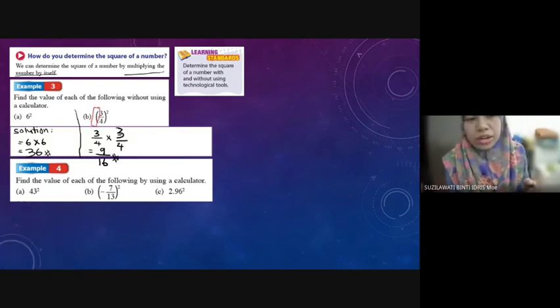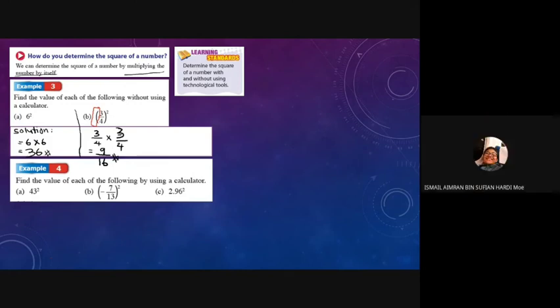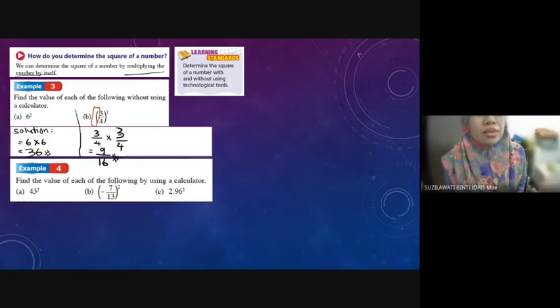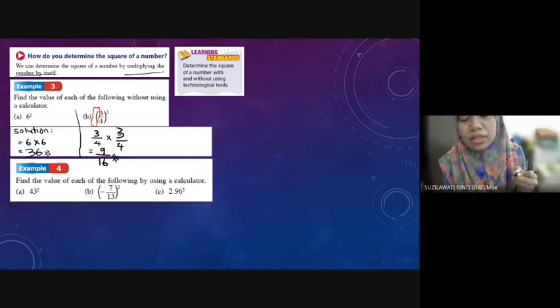Bracket kan? Okay. So, ini fraction. But this is a bracket symbol. So, if you see written here a bracket, then you need to press bracket in your scientific calculator. Do you see any bracket in your scientific calculator? Ada kan? Yes.